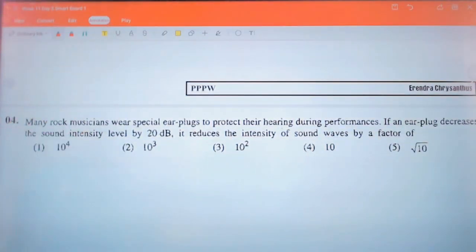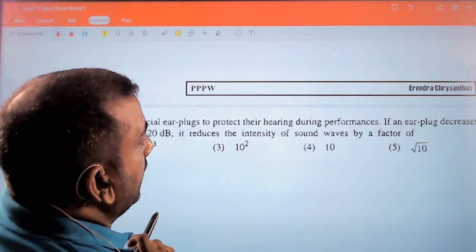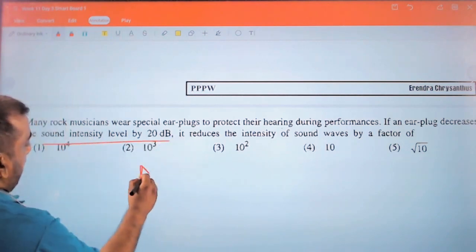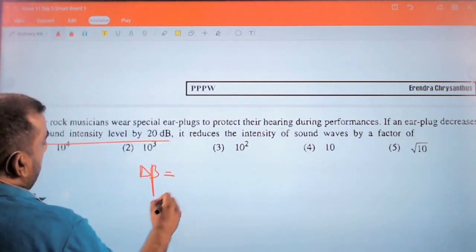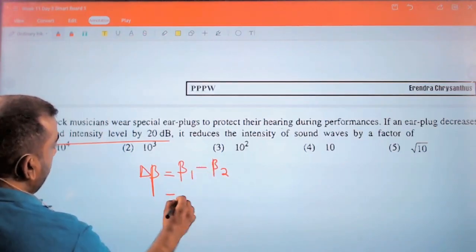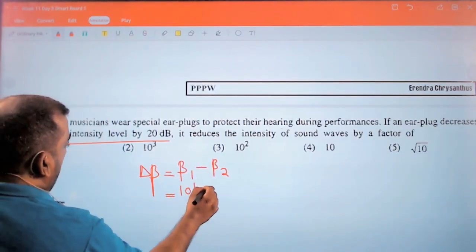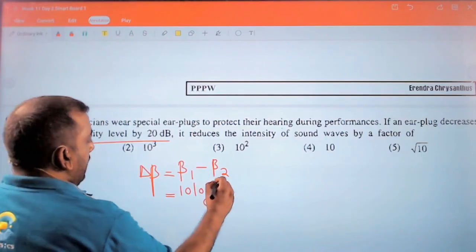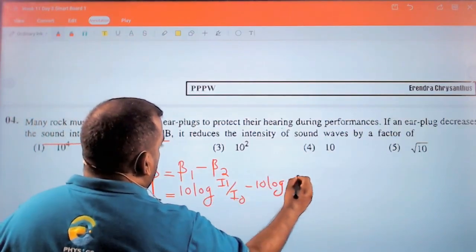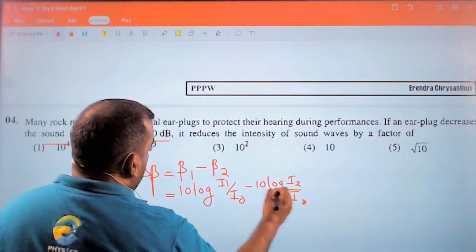Many rock musicians wear special earplugs to protect their hearing. An earplug decreases the level by 20 decibels. Delta beta, the reduction, is beta 1 minus beta 2, that is 10 log I1 over I0 minus 10 log I2 over I0.